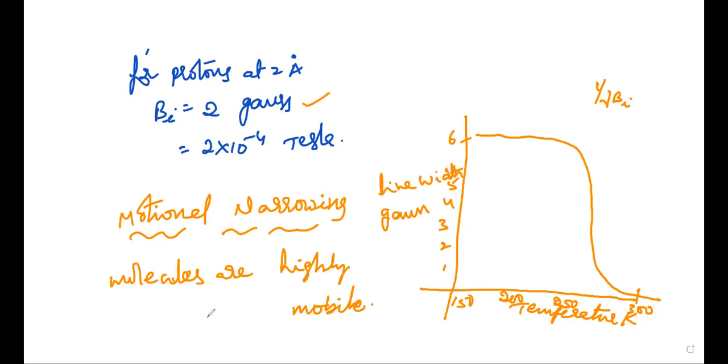The width of the proton resonance line in water is only nearly 10 power minus 5 of the width expected for water molecules frozen in position.